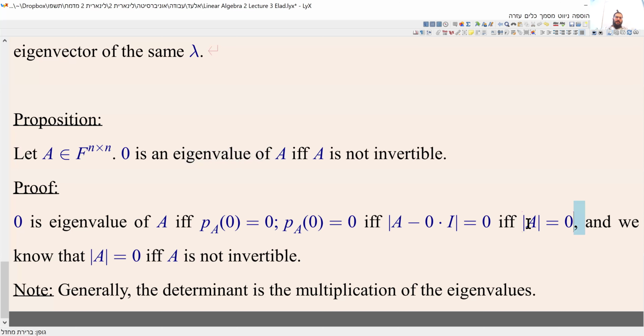So the determinant is 0, and the matrix is not invertible. If A is invertible, it works as well. The determinant is the multiplication of the eigenvalues, and when we get to the exact subjects that talk about it, we'll mention it again.